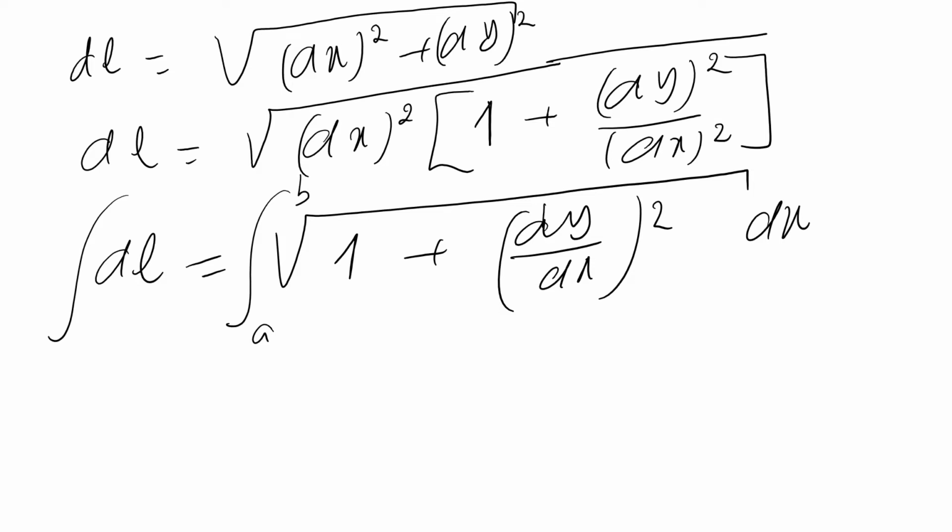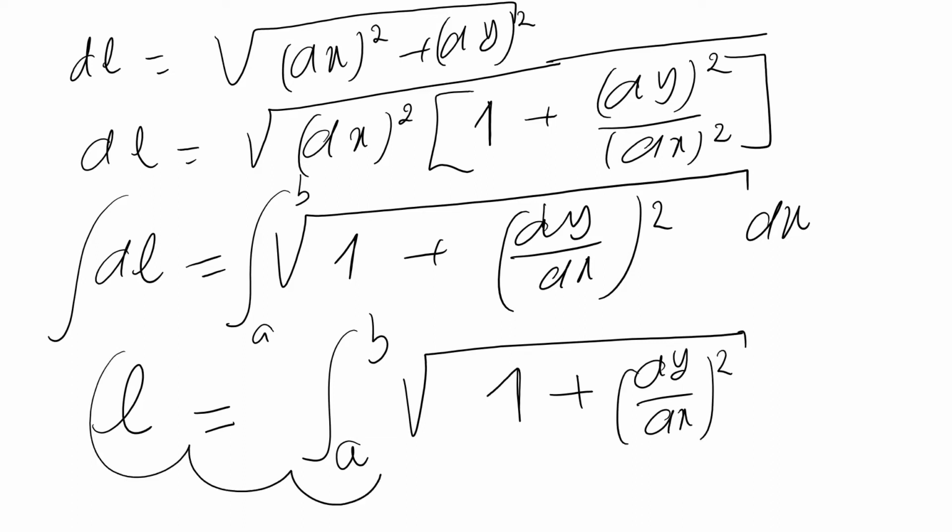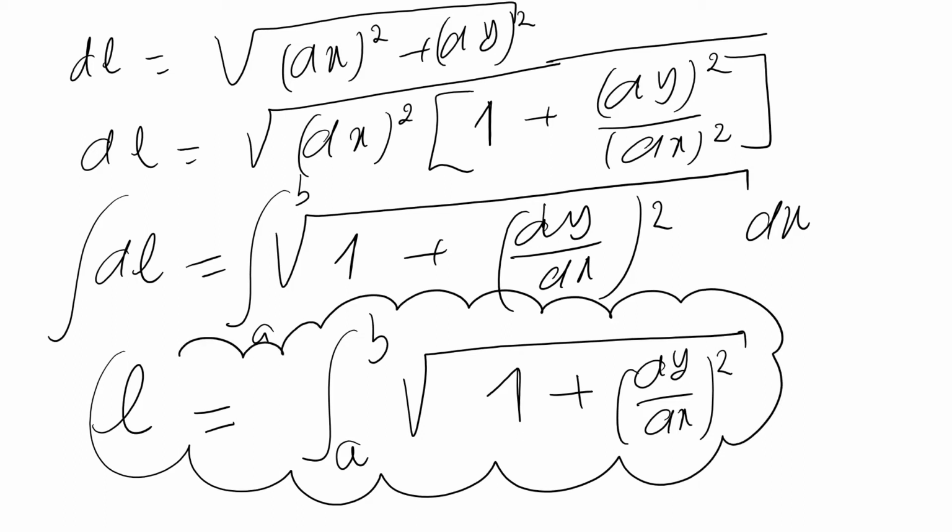The integral of ds is s, which is the arc length of the function from a to b, and it is equal to the integral from a to b of the square root of 1 plus (dy/dx) squared. So basically this is the formula we use when we are looking for the arc length of a function from a to b. This is how the formula came about.